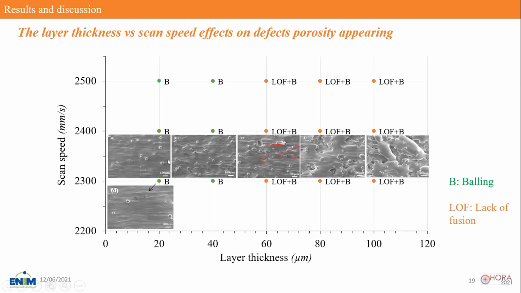By comparing these two morphologies, A and D, we note that for a constant layer thickness of 20 micrometers, when the speed increased from 2,300 micrometers per second to 2,400 micrometers per second, the balling particles are more serious and numerous, with larger sizes.